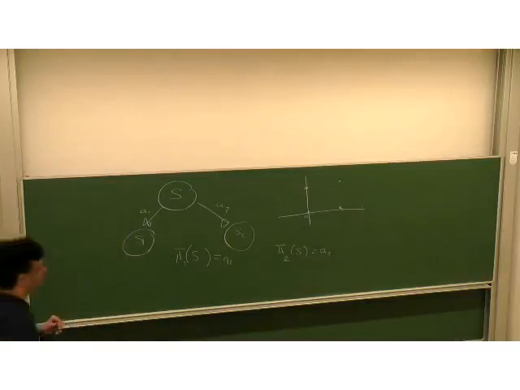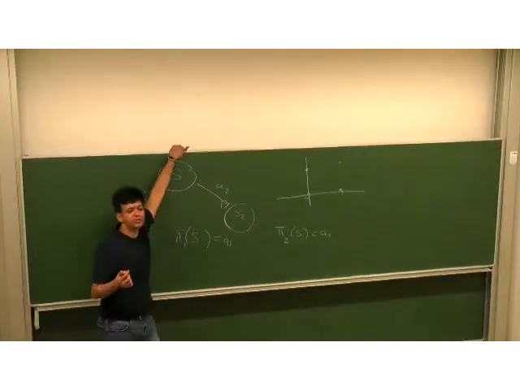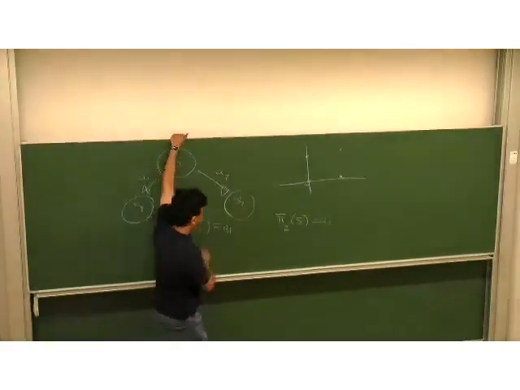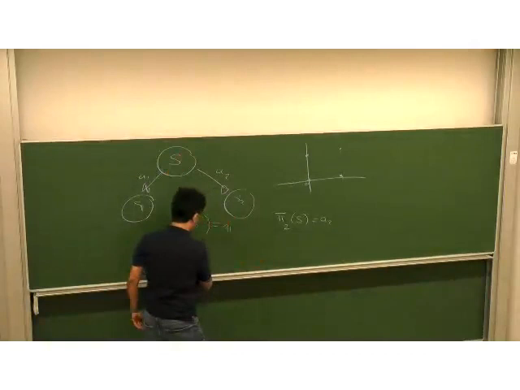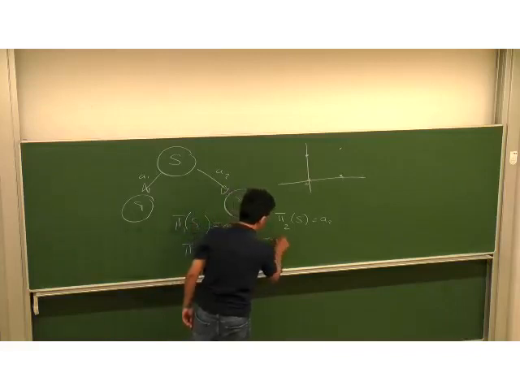If you want to be able to do something like a gradient descent, what you would want is something in between. You would want something like pi_t, which will give probability t for A1 and 1 minus t for A2.